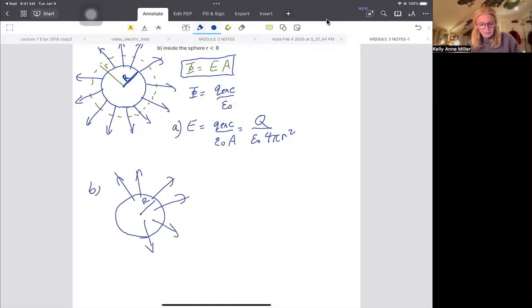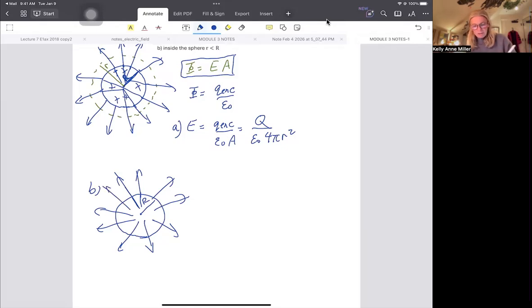There's charge all throughout the volume, so my field lines really should have extended inside the surface as well, rather than just being drawn from the surface. That was dumb. So just to make that clear, those are my E field lines.